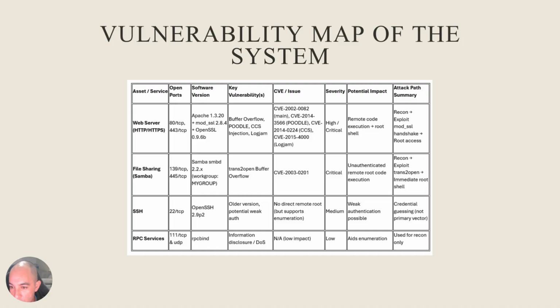You can see the open ports, software version, key vulnerabilities, CVE IDs, and severity. For example, these web services are high and critical, with potential impacts in the web service of remote code execution, root shell, and attack path summary.